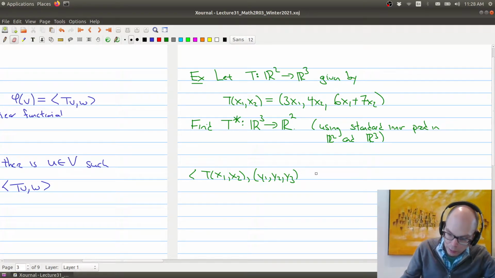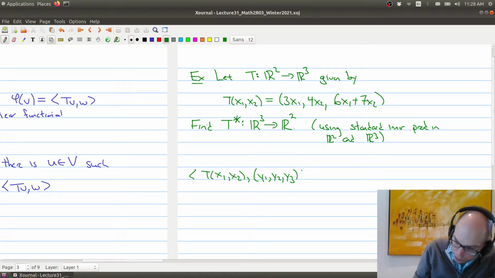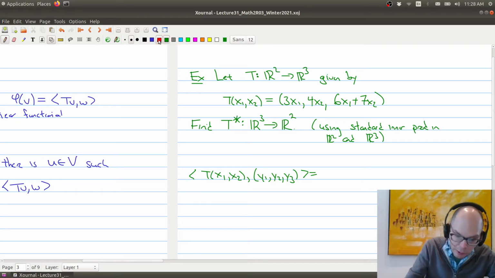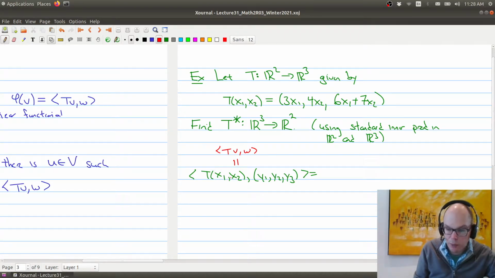Okay, so let's try to write a little neater for you. First of all, let's think about what we have. On the left-hand side, this is equal to the inner product of Tv, comma, w, and what we have to figure out is what T star is. So first of all, let's replace T(x1, x2) with what it's equal to.